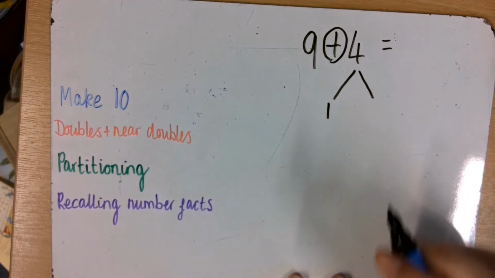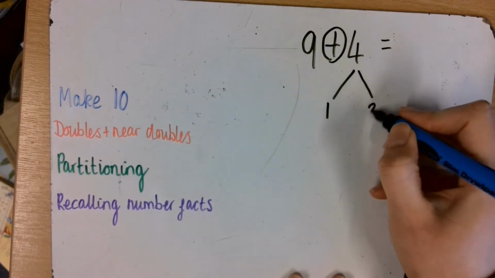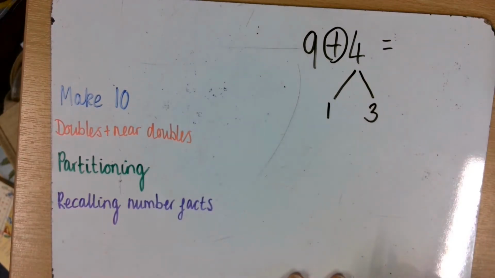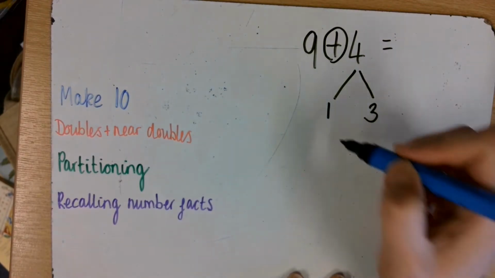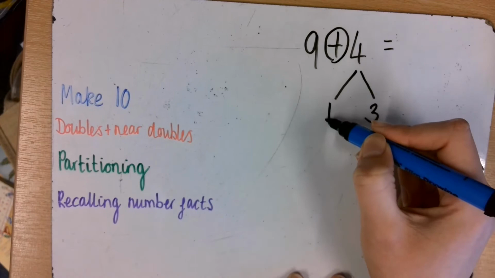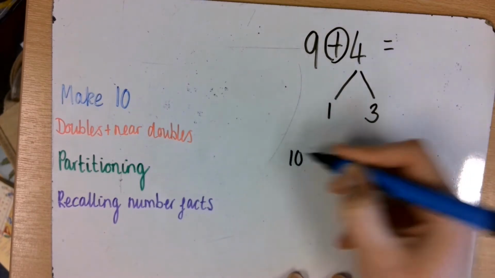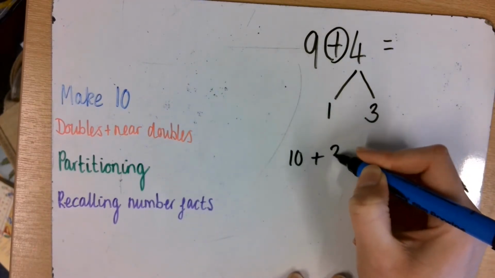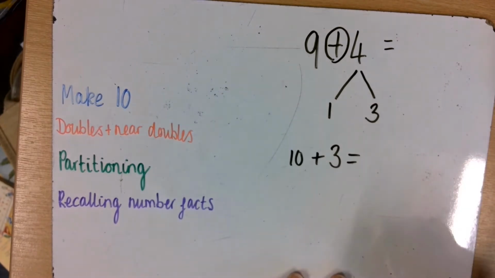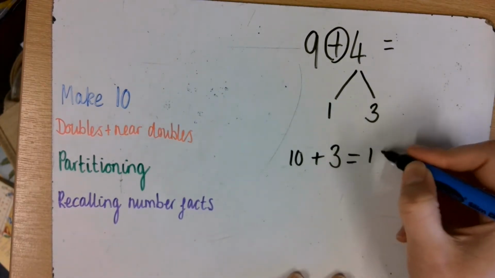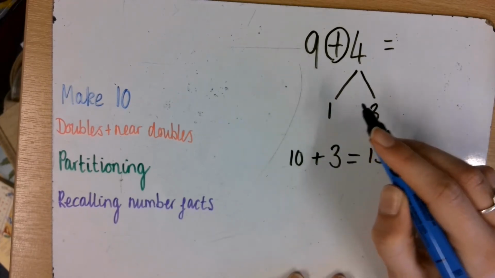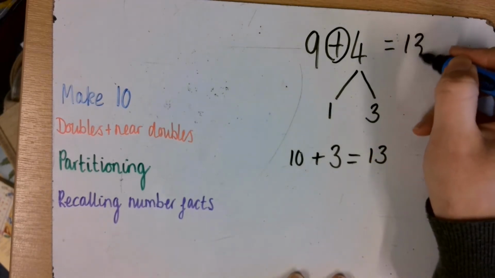And using my number facts, I know that 1 add 3 equals 4. So I've got 3 left over. So now I've got 9 add 1, which is 10. And then 10 add 3. That's really easy for me. I know how to add a number onto 10 really quickly. 10 add 3 is 13. That means 9 add 4 is 13.